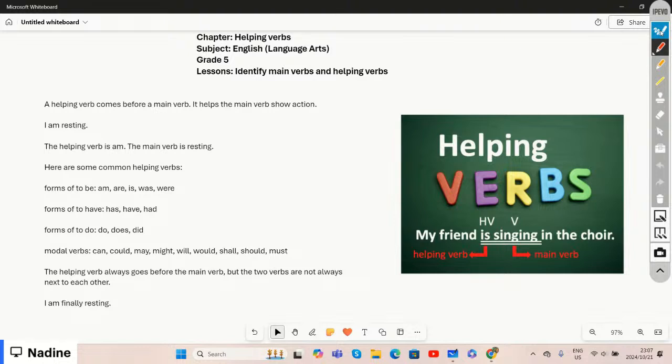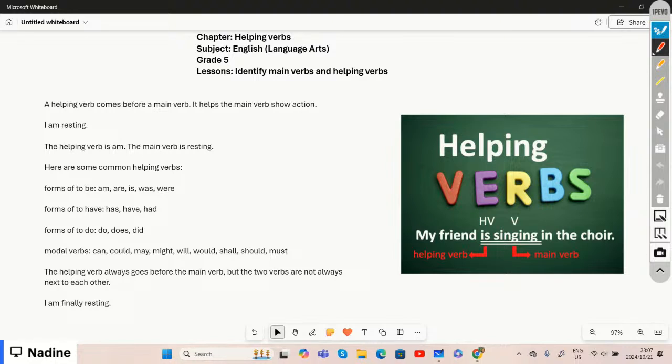And remember, a main verb is the action that takes place. A verb is the action that someone or something is doing. It's a doing word, right? It's what somebody is doing.